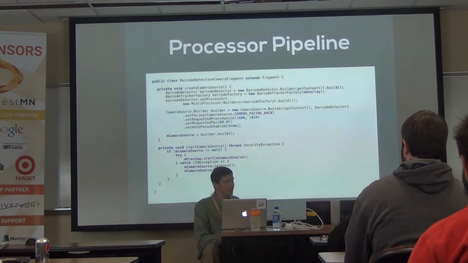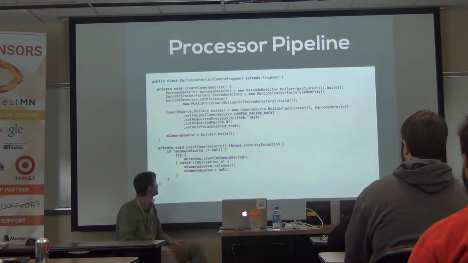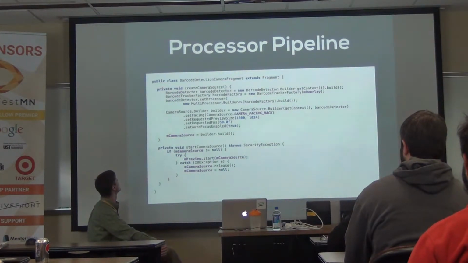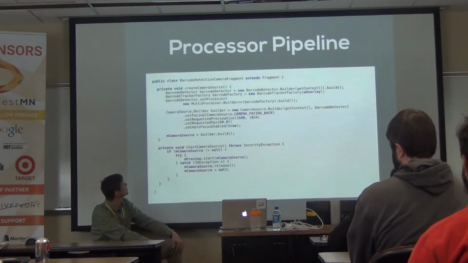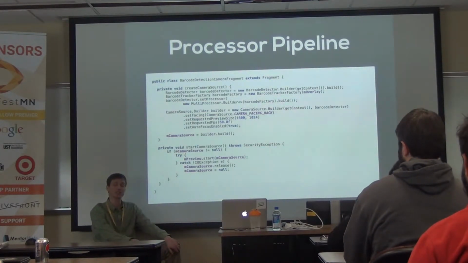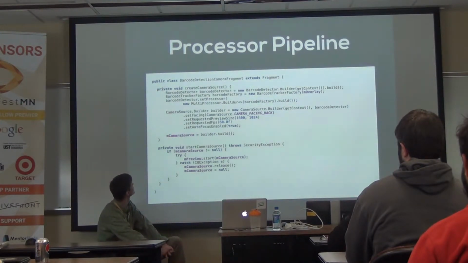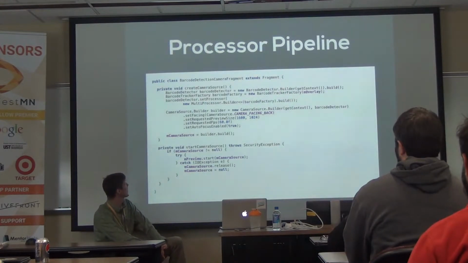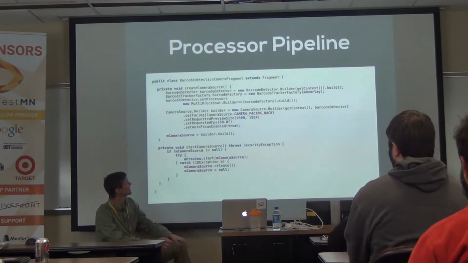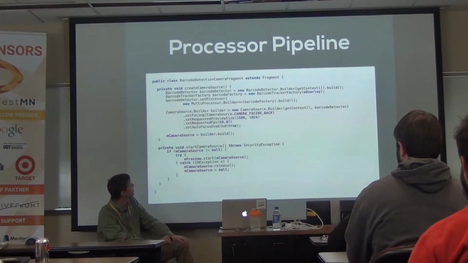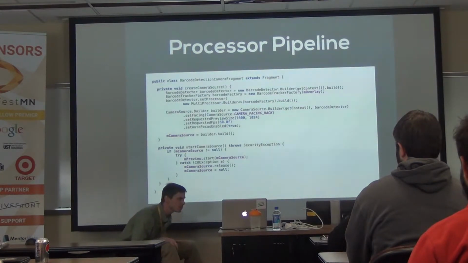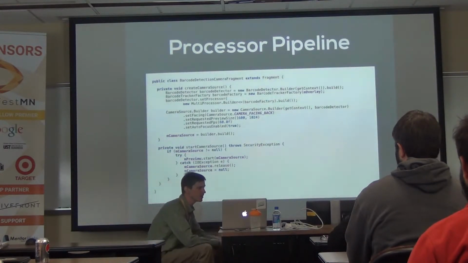Okay, so we're back in the fragment, the initialization. The first method there is the create camera source. The first part of that is the barcode detector that we looked at before, and the creation of the barcode tracker factory. So once we have that, we can just grab the builder and the camera source, and send it to the barcode detector. And the builder has a couple key methods that we want to make use of.